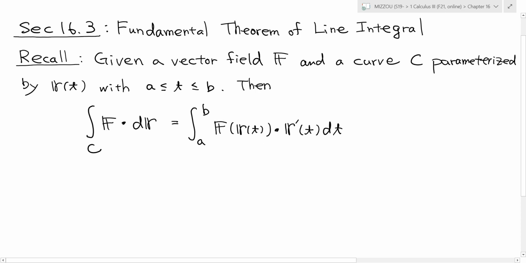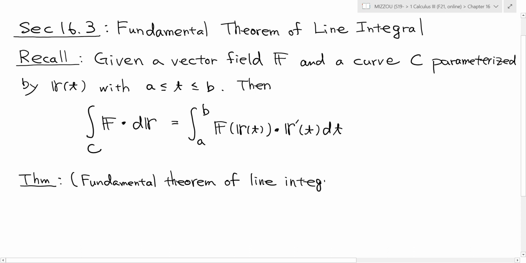Now, here's the theorem, the main theorem in this section, namely the fundamental theorem of line integrals, which says the following.